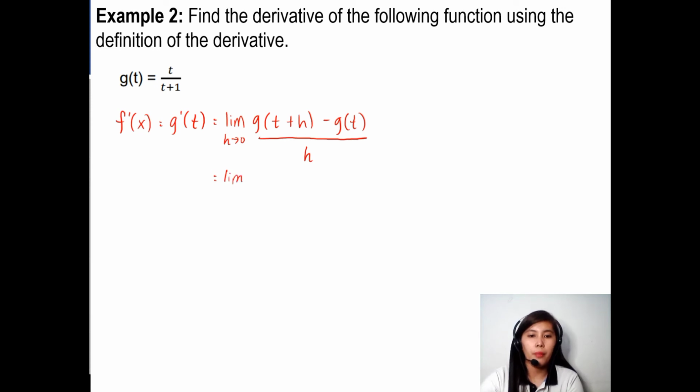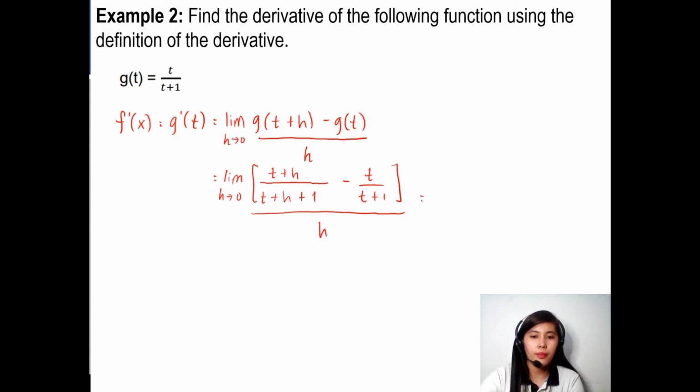So we have the limit of t plus h over t plus h plus 1 minus our g of t, that is the original equation, t over t plus 1, then all over h as h approaches 0.